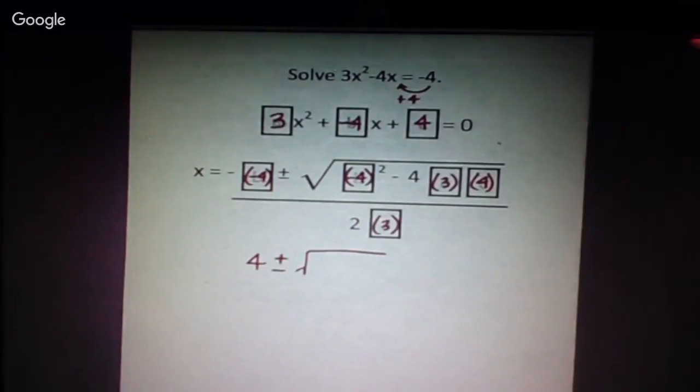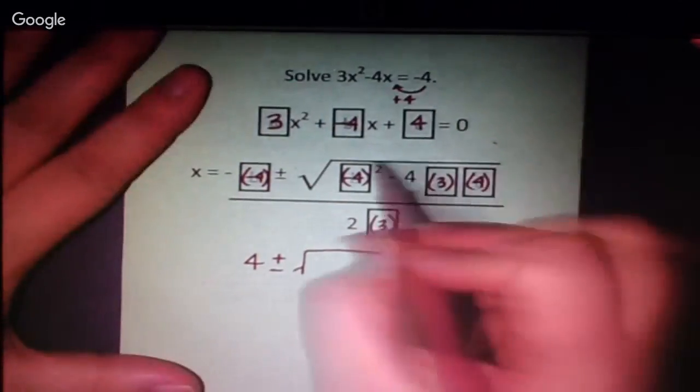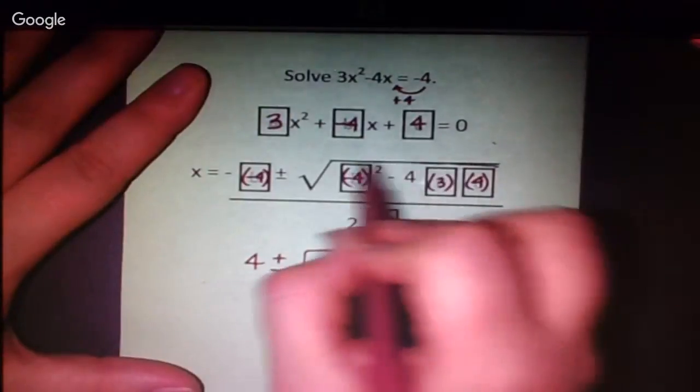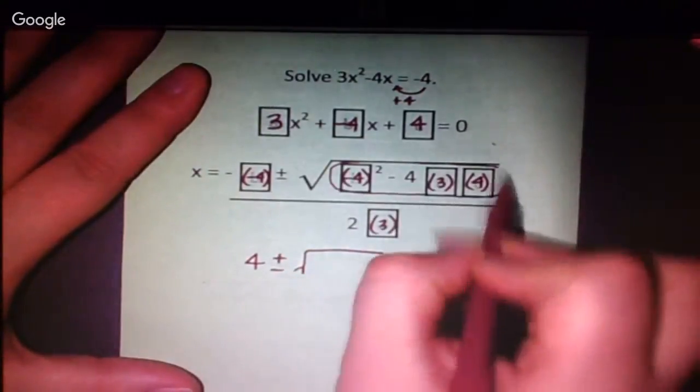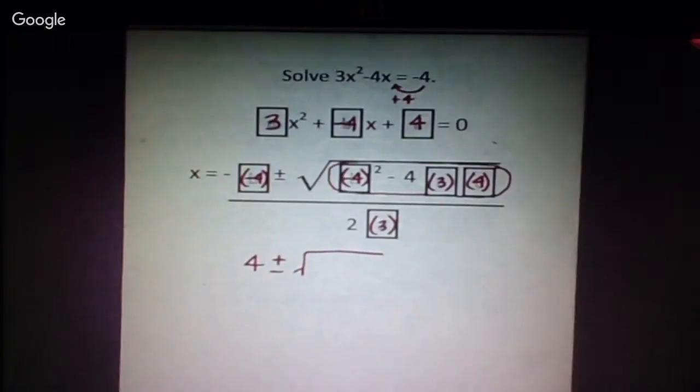So you would plug into your calculator just the -4 squared minus 4 times 3 times positive 4. Don't plug in the square root, just plug in the numbers that are underneath it.